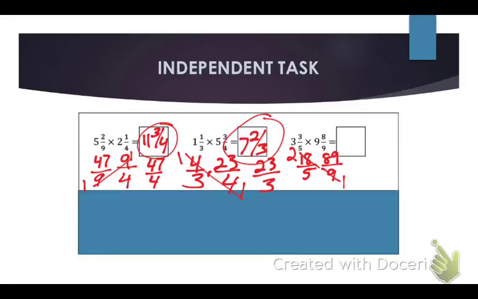Completely wrong. 178 over 5, and you needed to divide that. If you would have done so, you would have gotten a whole wonderful 35 and 3/5 as your answer. Should have gotten 35 and 3/5. That was a challenging one. Ladies and gentlemen, good luck.